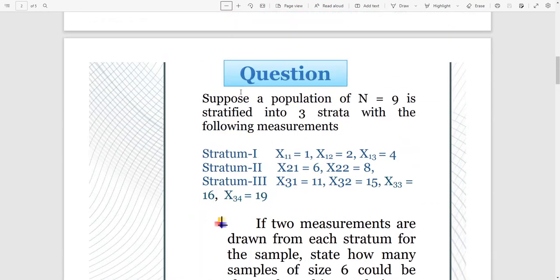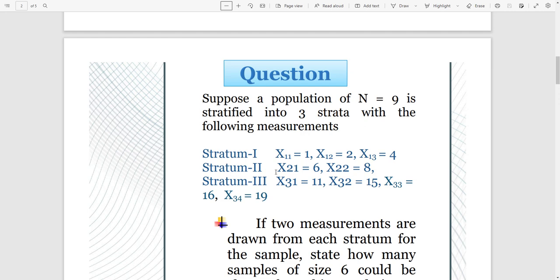Here is the statement of the question. Suppose a population of size capital N equals 9 is stratified into 3 strata with the following measurements. Stratum 1: x11 is 2, x13 is 4.